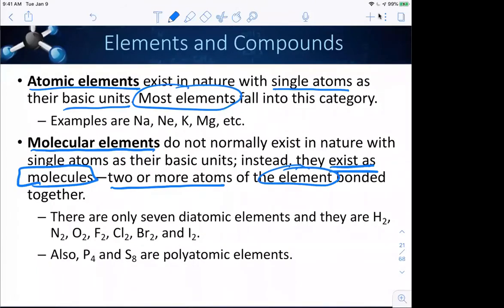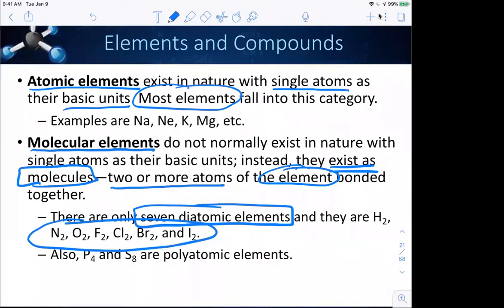That's why I can call them an element, because each atom in hydrogen is a hydrogen atom, right? So it's all hydrogen, but in nature it's not found as single atoms, it's found as atoms that are bonded together. So there are 7 diatomic elements, and you need to know these.